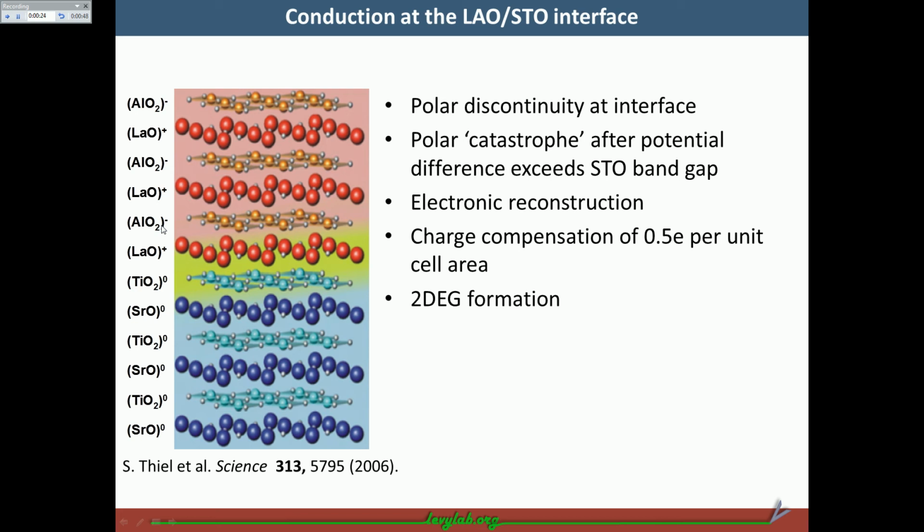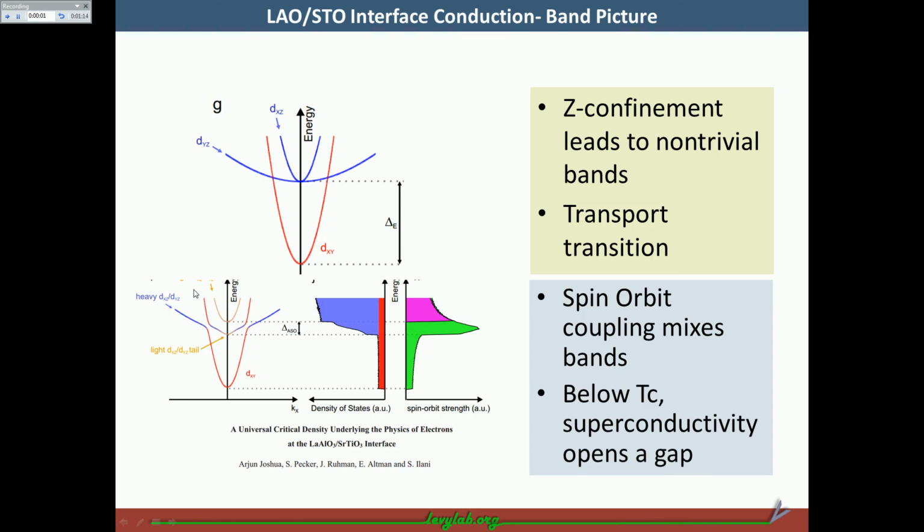And after a certain critical thickness of lithium aluminate, a polar catastrophe happens where half an electron of charge shifts from the top surface down to the interface with the STO, forming a quasi-two-dimensional electron gas.